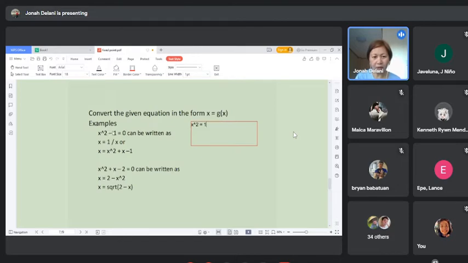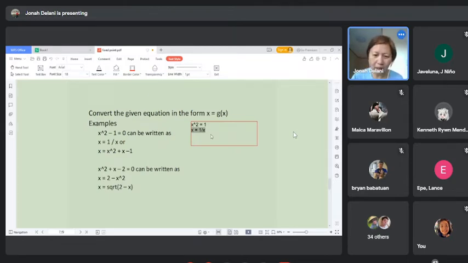And then, i-divide na ko both sides by x. So, x squared divided by x, that's x equal to 1 over x. This is an example of a fixed point form. Ang x, gisolve na po na ako in terms of x.